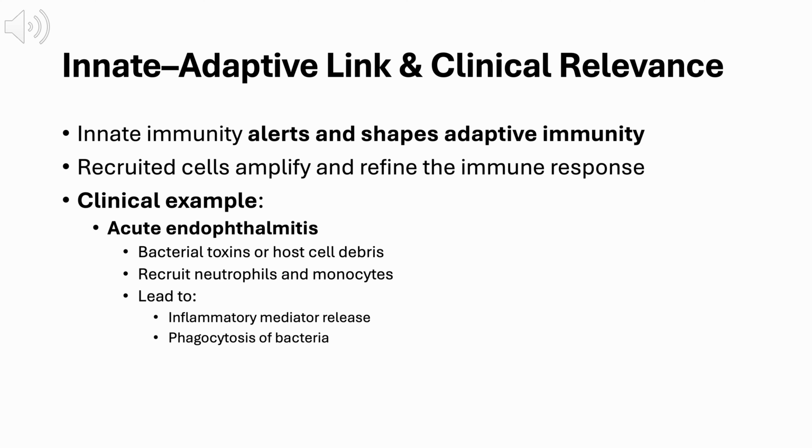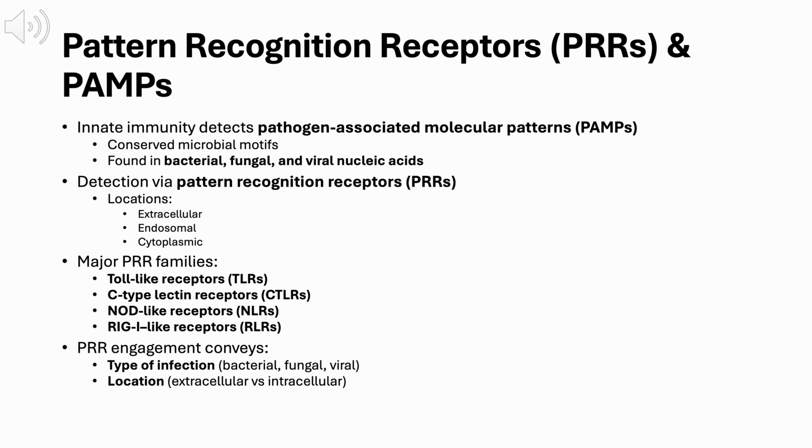and rapid vision loss. The innate immune system recognizes infection by detecting pathogen-associated molecular patterns, or PAMPs. These are conserved microbial features shared across broad groups of organisms, including components of bacteria and fungi, as well as characteristic viral nucleic acids. PAMPs are detected by pattern recognition receptors, or PRRs, located on the cell surface, within endosomes, or in the cytoplasm.